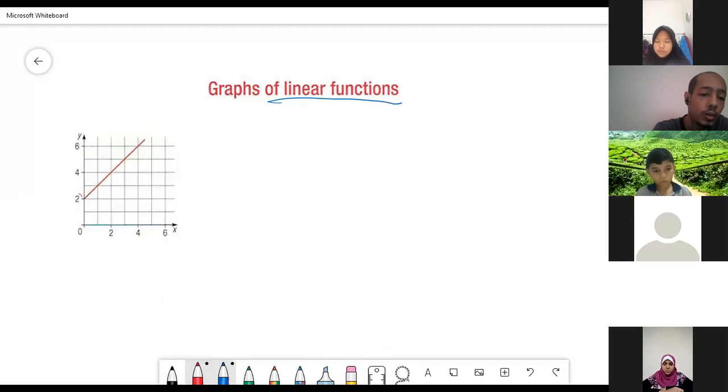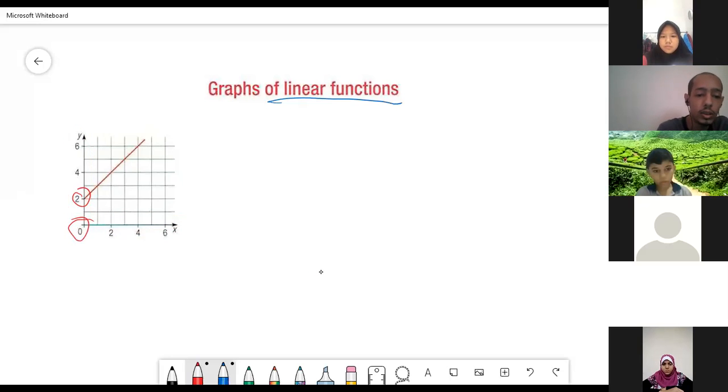It is here, right? So what are its coordinates? In x we have 0, and in y, 2.